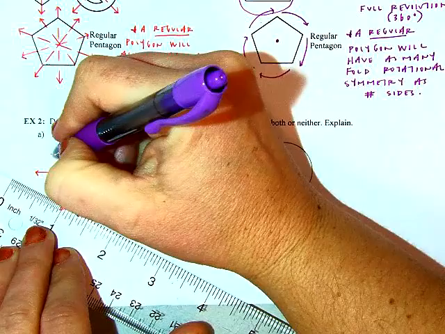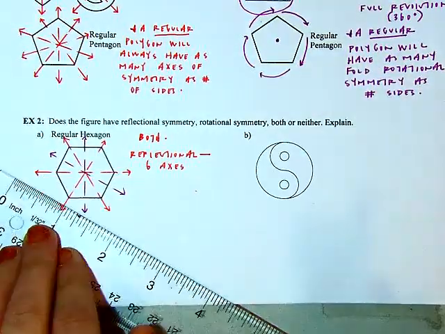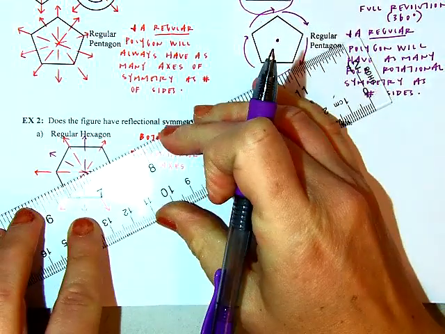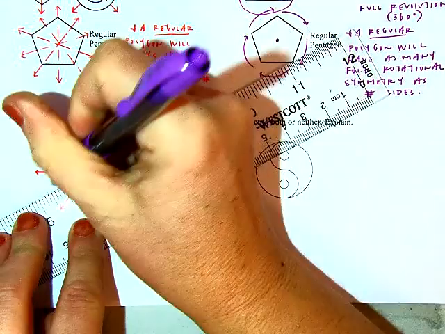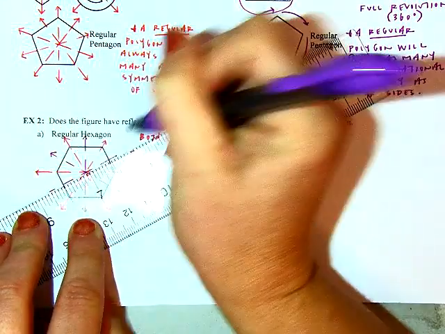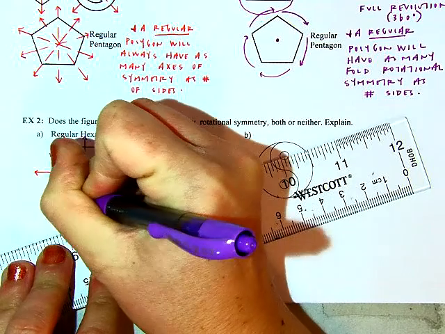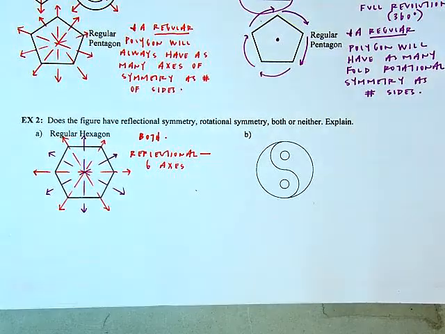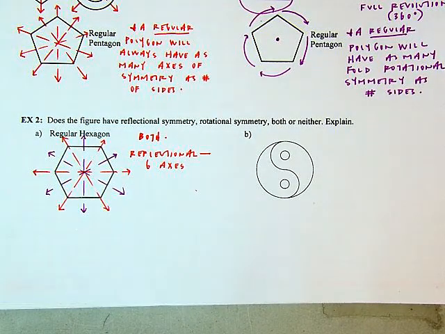Okay, here is 2. And then here is the last one, that third one. So I had 3 that were vertex to vertex, and I had 3 that were middle of side to middle of the side opposite. So I'm seeing 6 total axes of symmetry, which makes sense because I have 6 sides to my regular hexagon.